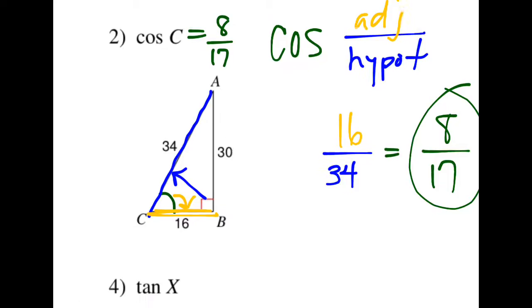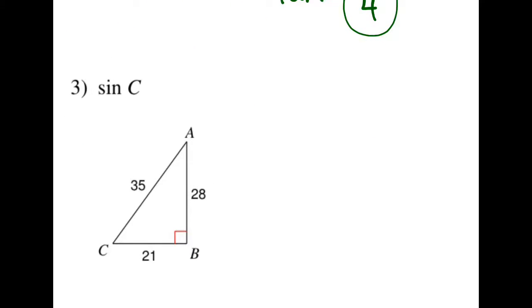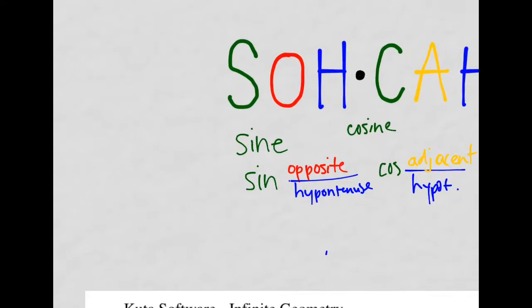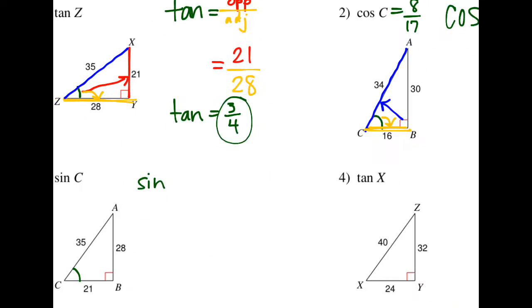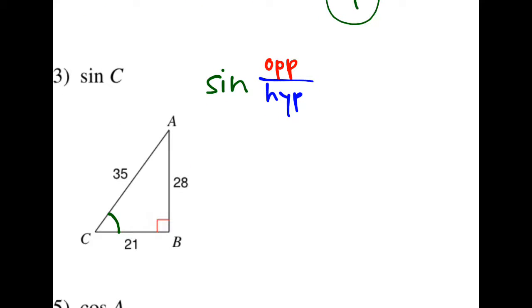Okay, well, let's do a sine one. The sine of C. So here's my angle, C. The sine is equal to, Sohcahtoa, opposite over hypotenuse. All right, so the opposite has to be across from that angle. So in this case, my opposite is 28.